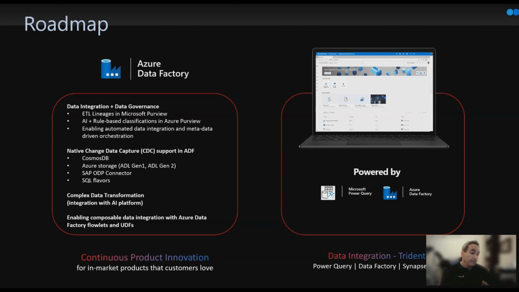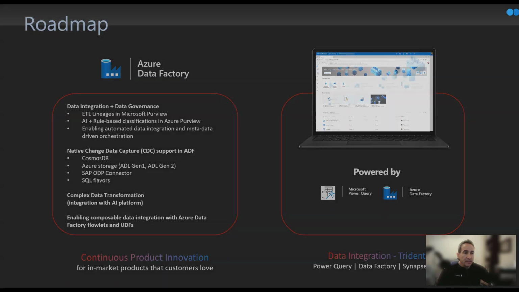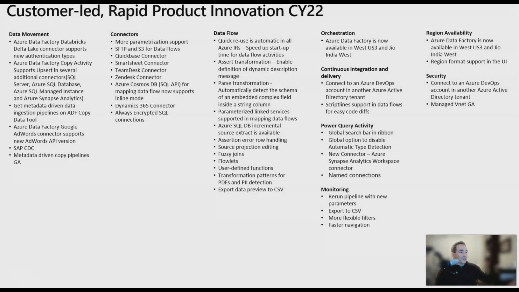Very, very powerful. And then the last thing I'll call out here is a requirement from a lot of our customers, which was to be able to reuse a lot of these patterns in their code that they have in Data Factory. And so we've enabled things like what are known as flowlets and user-defined functions to be able to reuse your patterns. And like I said earlier, this is all powered by Data Factory, Synapse Analytics, Power Query, and SSIS. And that's Microsoft Data Integration.